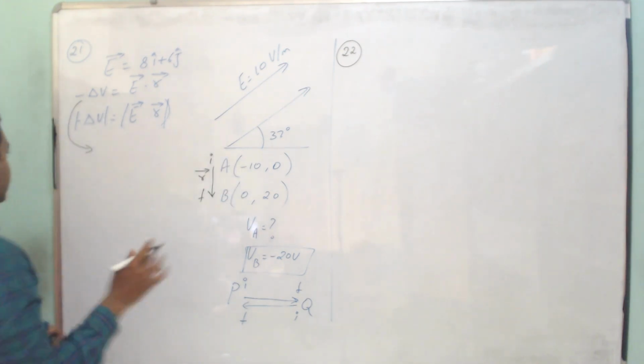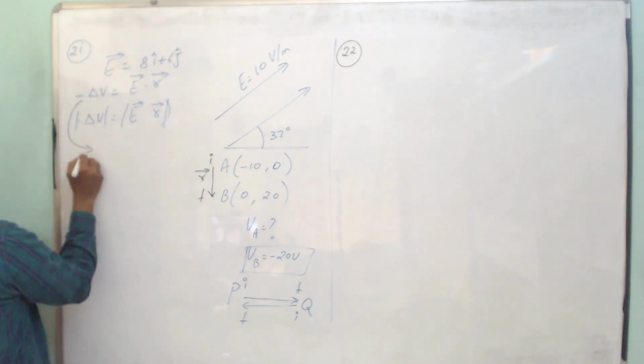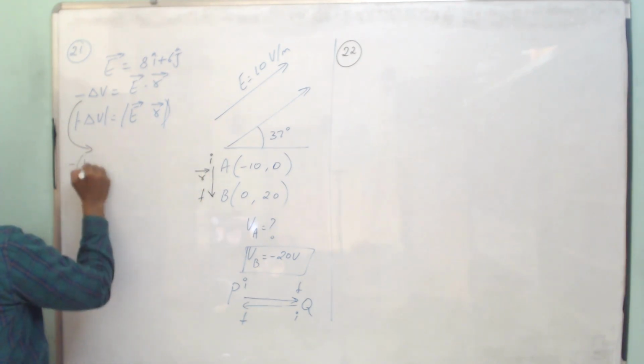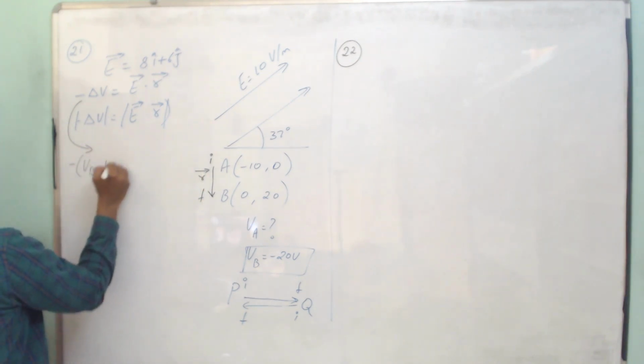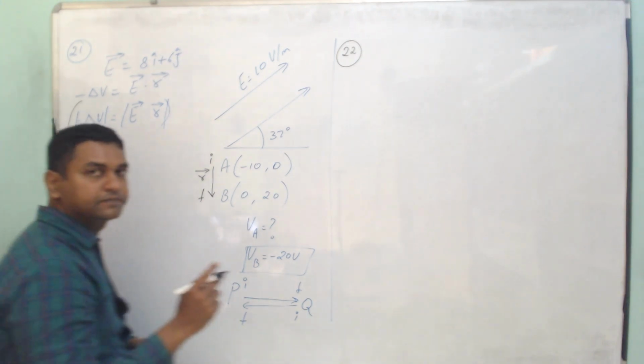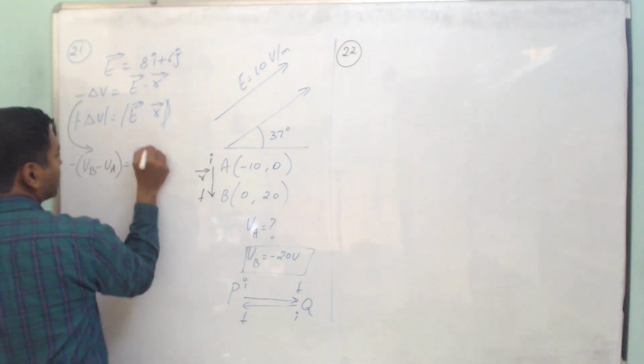So if I directly want to solve it like this, then I will have minus of, in delta V, I need to have final minus initial, right? VB minus VA is equal to E bar dot R bar.